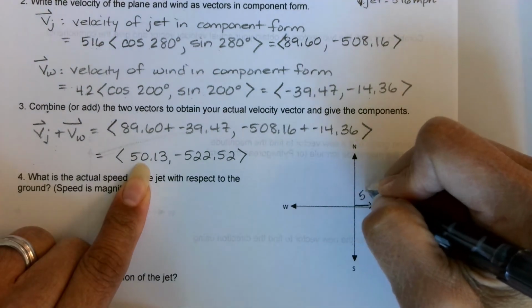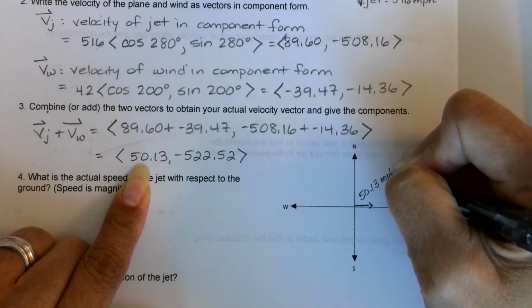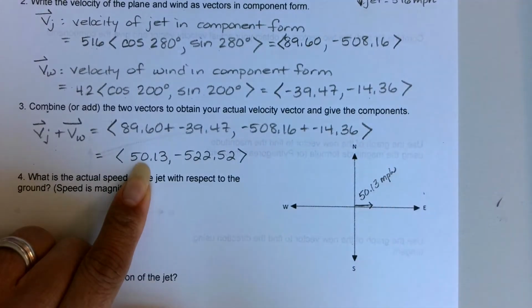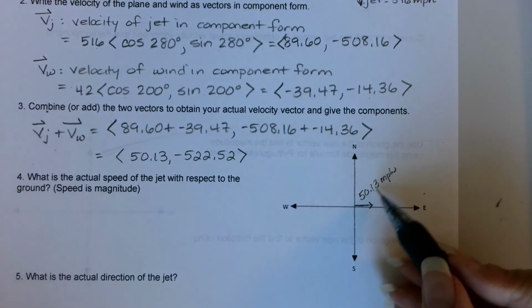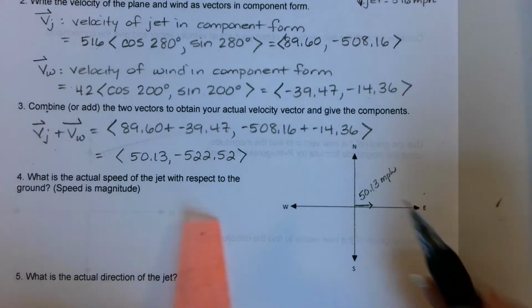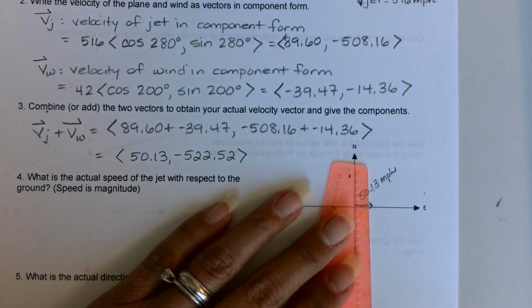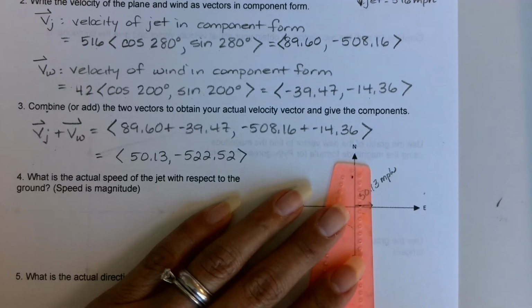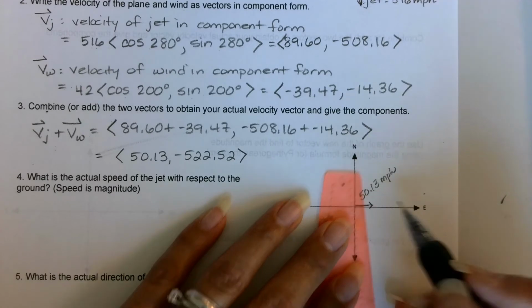50.13 miles per hour is the x component form. And then the y component form is telling us to go down negative 522, which is very long compared to that, 10 times longer.